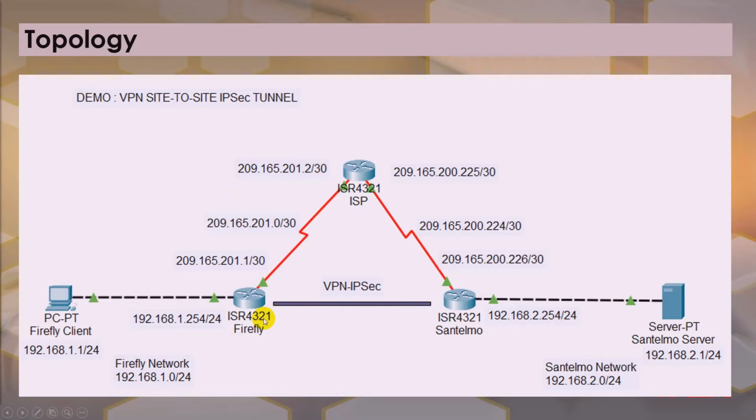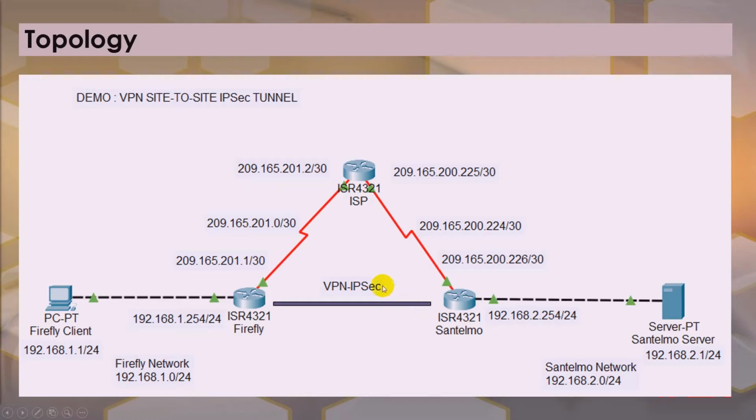Assuming that these two routers are at distant locations, we need to establish a VPN connection using IPsec between them. We also have the third router here, which would be used as a pass-through, and it's not aware that a VPN exists between these two routers.